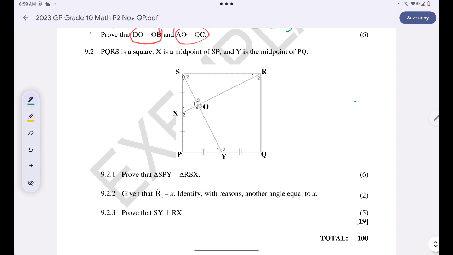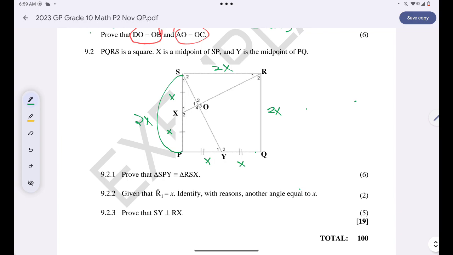Guys, do you agree that if this entire length was 2x, this was going to be x, because it's a square, all the sides are equal, right? Here I'll just write 2x and 2x because you don't have a midpoint. Are we together?